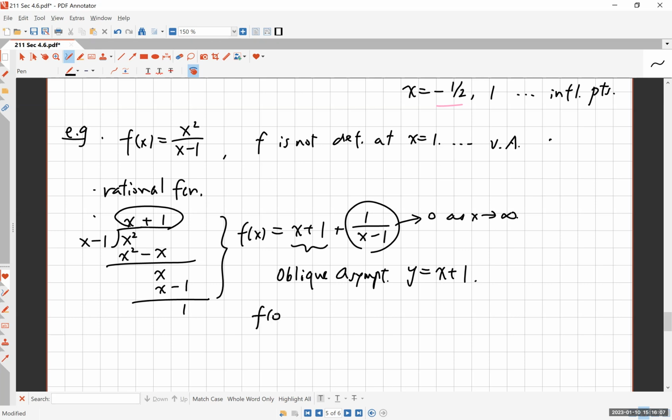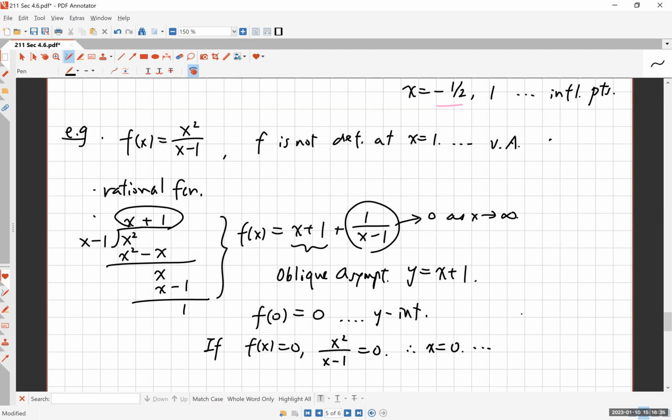Also, can you figure out what f of 0 is? I think that's easy to find out. That's 0, because it's 0 squared over -1. And in fact, this is the y-intercept. This is also the x-intercept, because if f of x is equal to 0, that means x squared over x minus 1 must be equal to 0, and therefore x has to be 0.